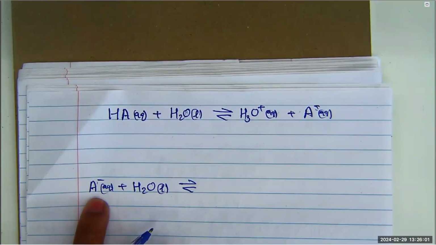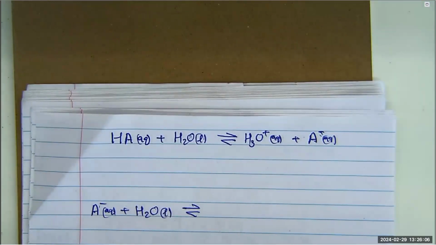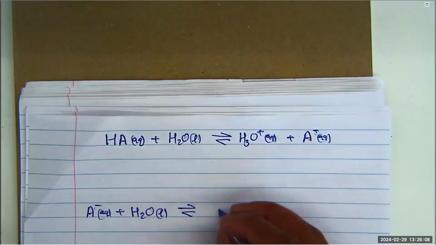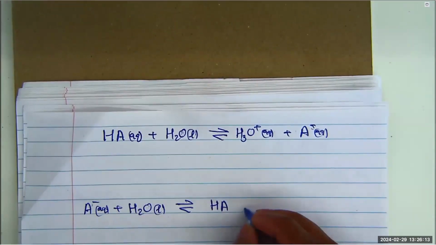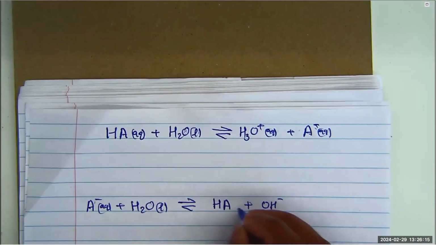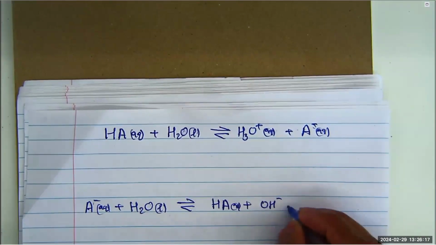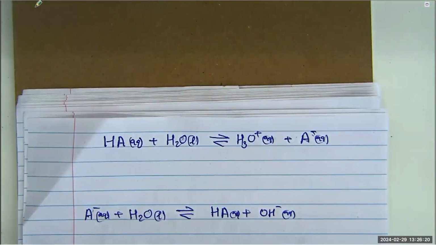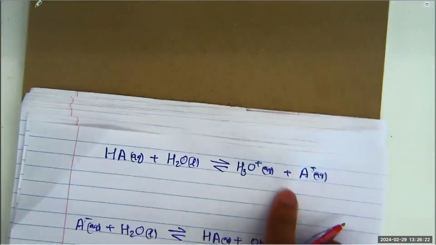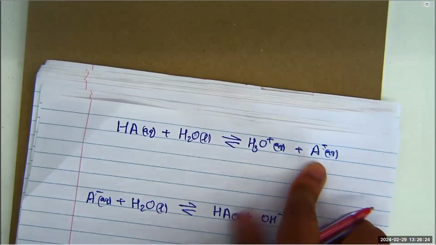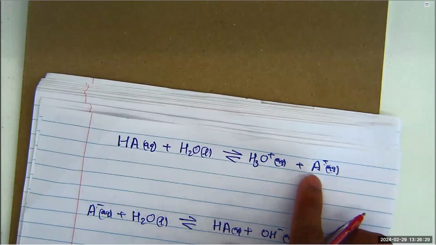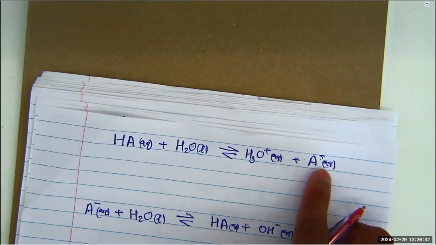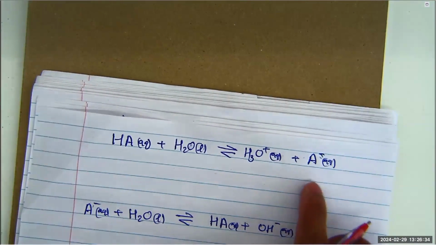If it has a negative charge, what can it do then? Yeah, it can accept protons. As a result of that, this can accept a proton and it produces HA and OH minus ions. So what this means is this A minus ion over here, which is produced by acid dissociation, is actually a base. Right? And that A minus ion is called the conjugate base of this weak acid.